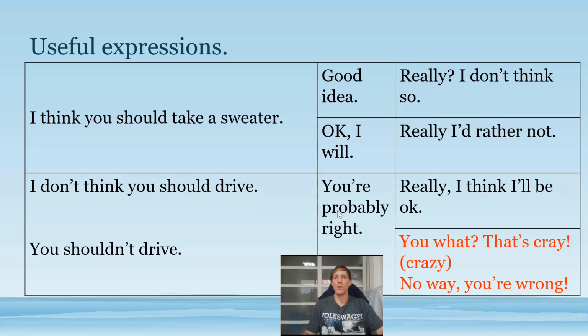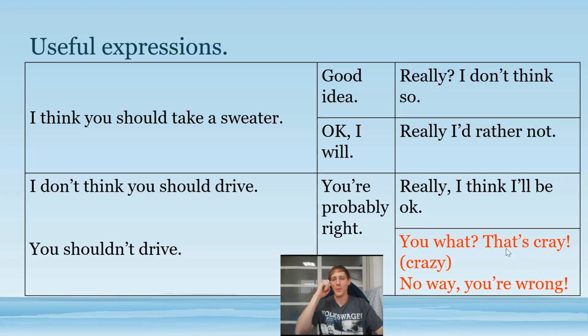Saying yes, you're probably right. Saying no, really? I think I'll be okay. Never drink and drive. Always take a taxi. Now, sometimes you can use the negative here. So you can say that you shouldn't drive. So that's the negative form of giving advice. So in English, we can say these red ones.